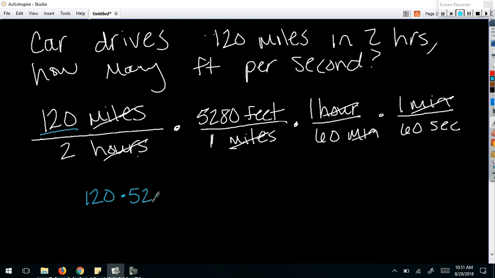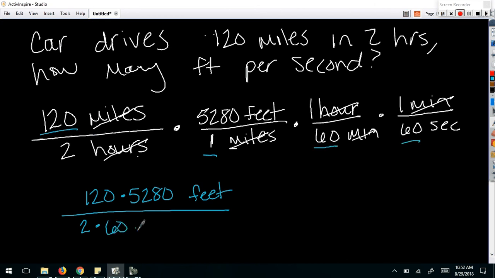Times 5,280 feet over 2. Times 1 doesn't really count, that stays the same. Times 60 times 60 seconds.